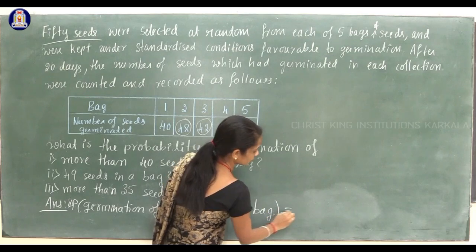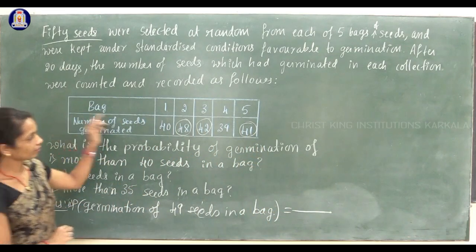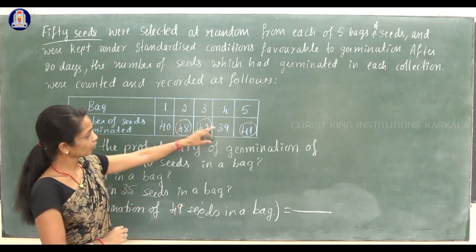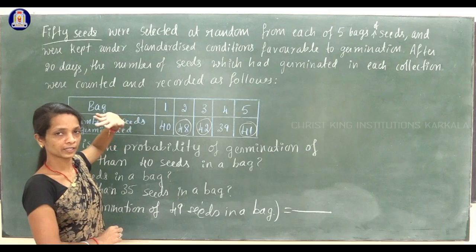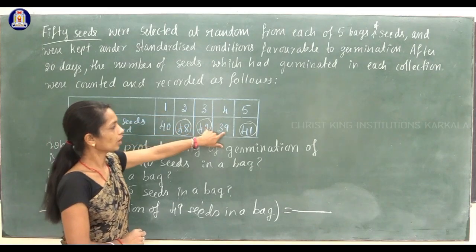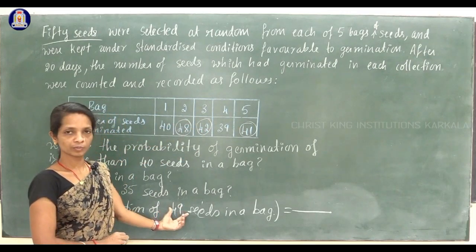See the table whether any bag is having 49 germinated seeds. There are no bags with 49 germinated seeds. Here you have 40, 48, 42, 39, 41. No bag contains 49 germinated seeds.